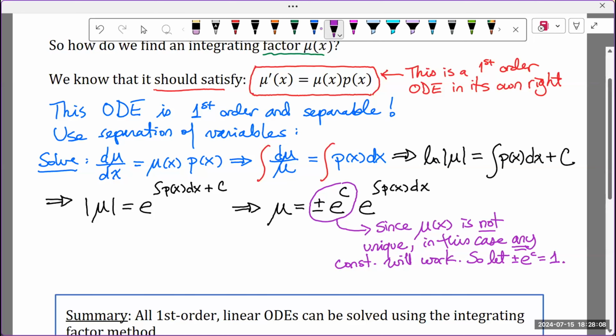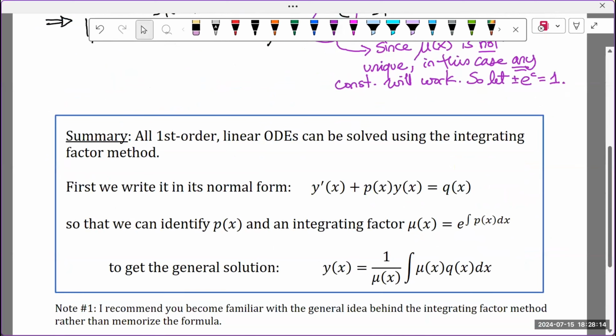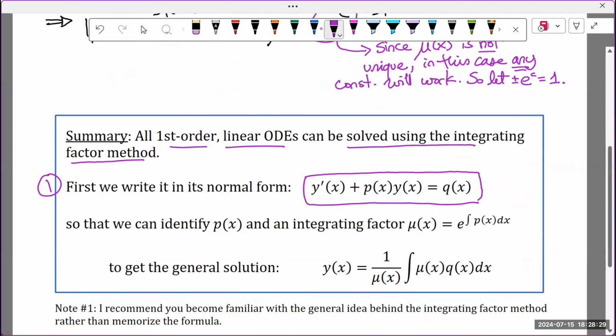Okay, so what does that actually give us? That gives us the following. All first-order linear ODEs can be solved using the integrating factor method. So here are the steps. First, you write it in normal form. Here's your normal form. There's a coefficient of 1 in front of your y prime.